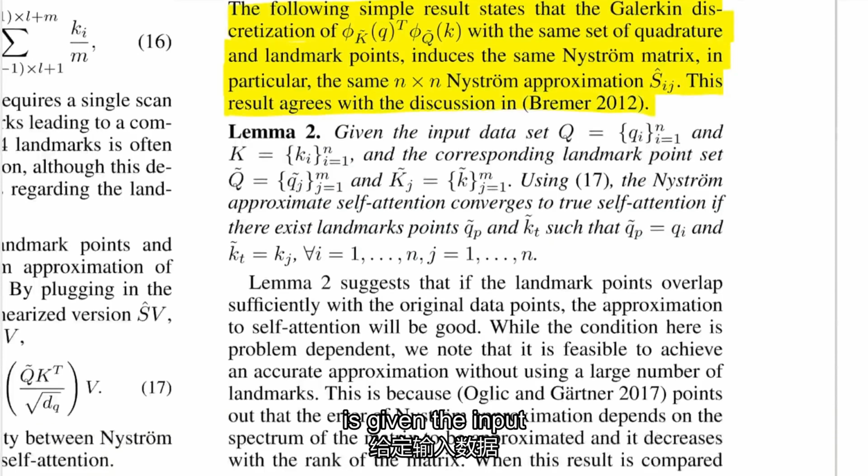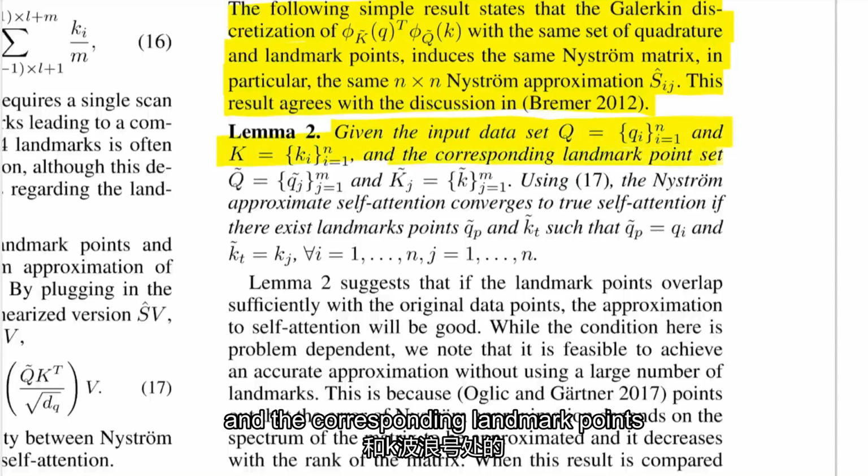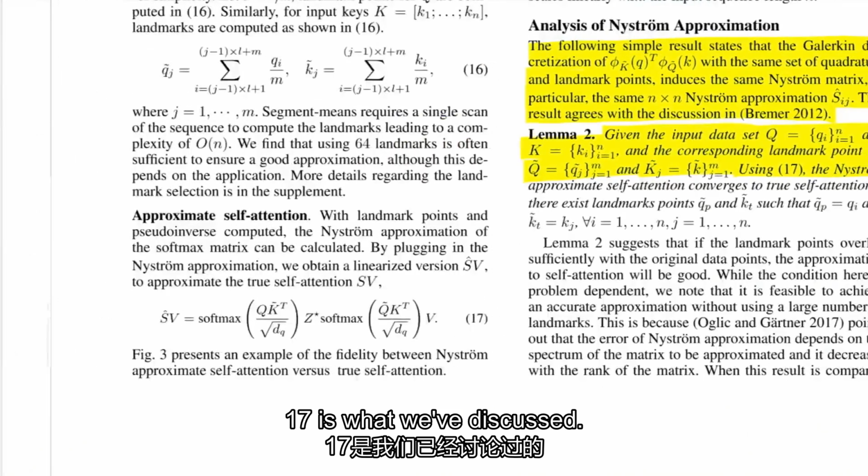And the lemma is, given the input data set Q and K and the corresponding landmark point set Q tilde and K tilde, using 17 is what we've discussed.